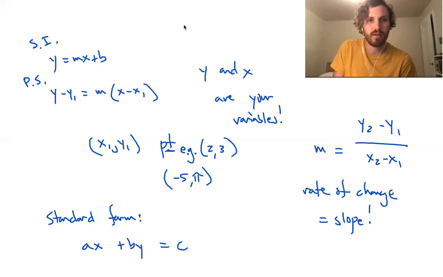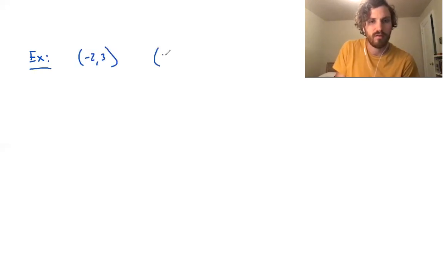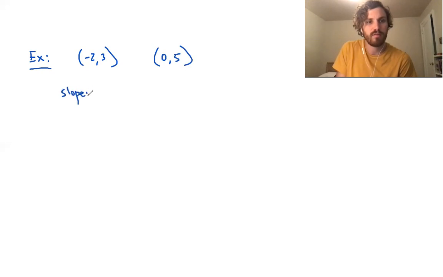So the final thing I will do here is just look at a couple examples. So let's take an example where we have, say, the point -2, 3, and the point 0, 5. Okay? So if we wanted to find the slope between these 2 points, we could use the slope formula, m equals y2 minus y1 over x2 minus x1.